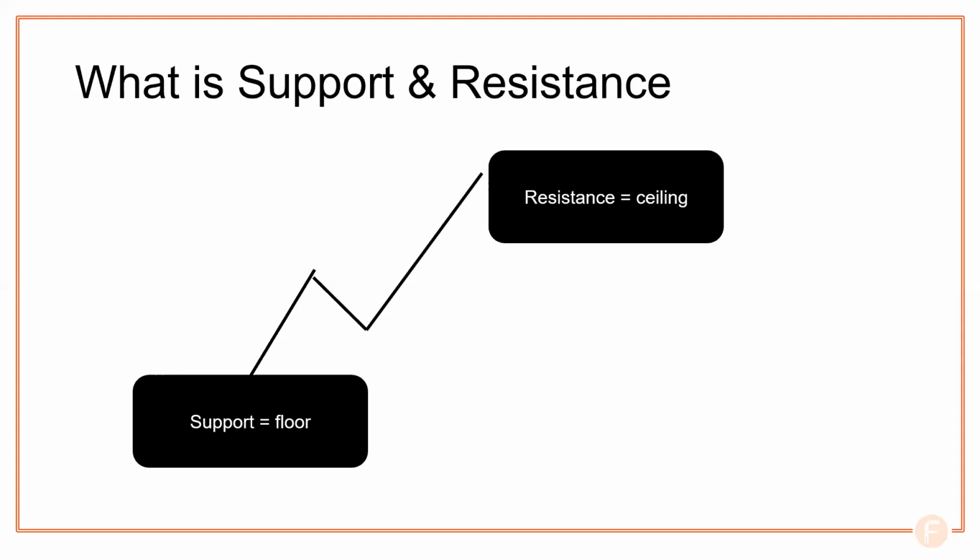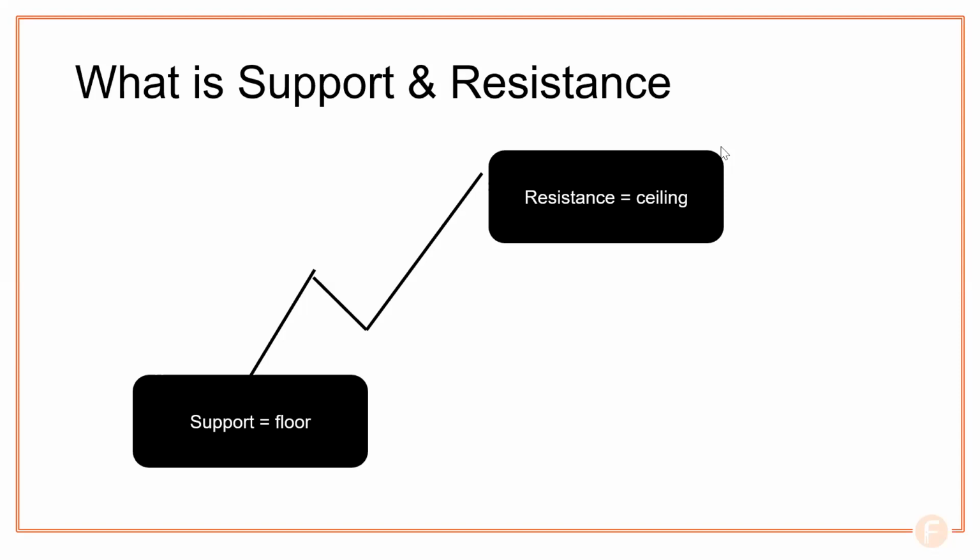So if it doesn't break the floor or the ceiling, then it's a good indicator when you come to a support area. For example, in this example here, where we've got an upward trend, if you've got a support area, you would anticipate that if it doesn't break the support area, it will bounce off that floor and move upwards, just like a bouncing ball would.